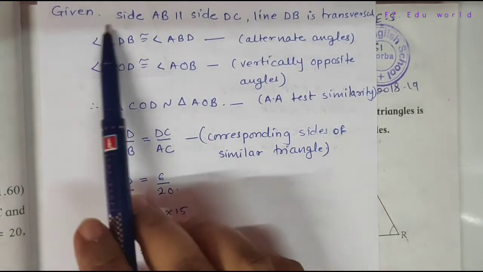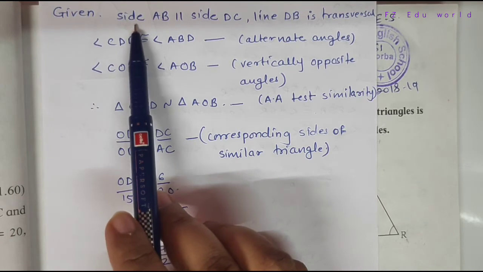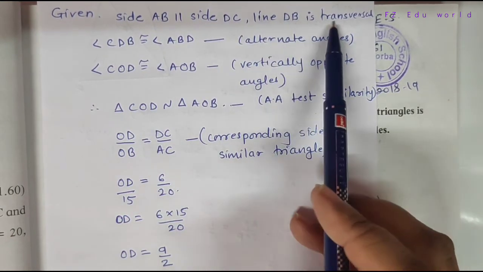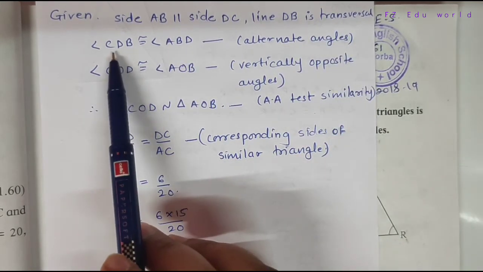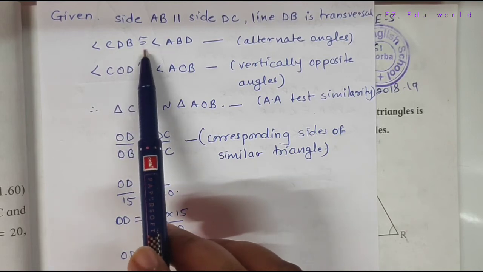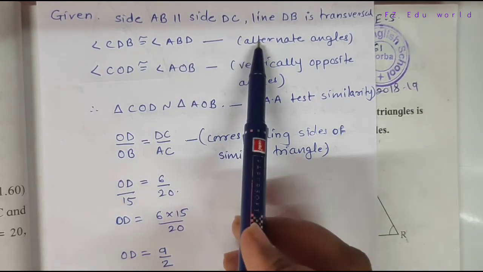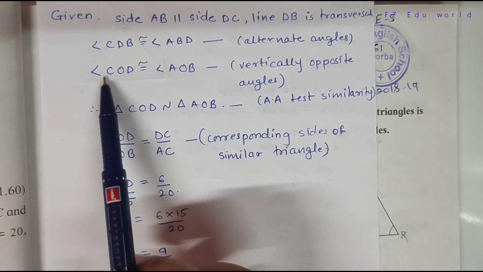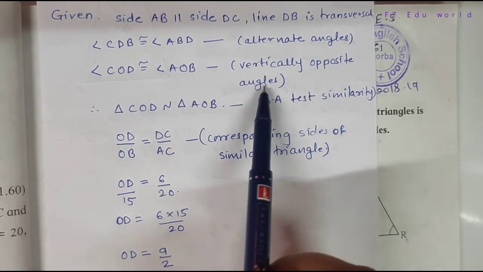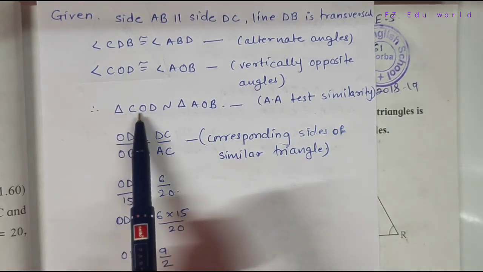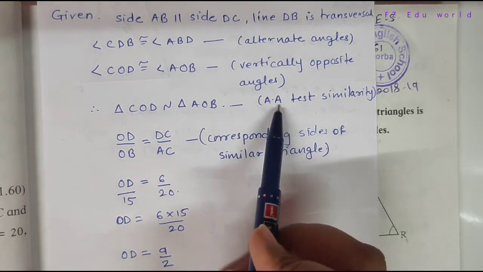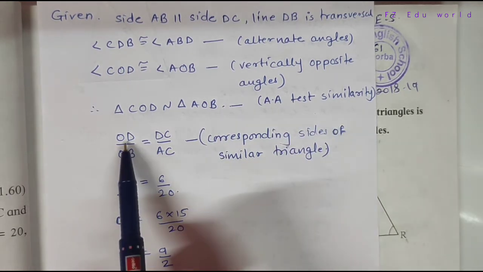For this, first we write: given side AB parallel to side DC and line DB is their transversal. Now in these two triangles, angle CDB is congruent to angle ABD as they are alternate angles. Angle COD is congruent to angle AOB, vertically opposite angles. Therefore, triangle COD is similar to triangle AOB by AA test of similarity.